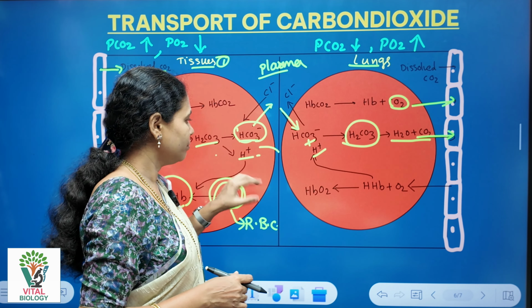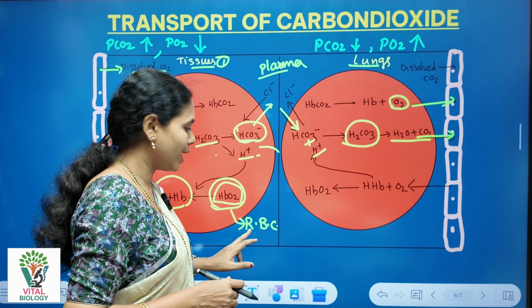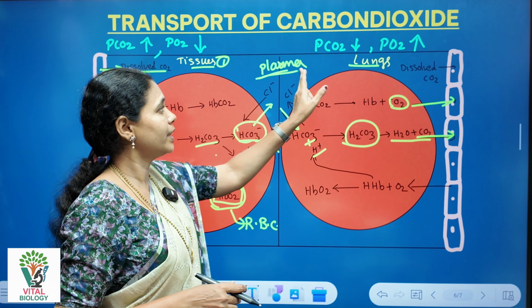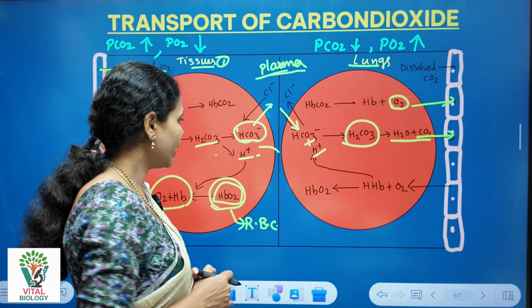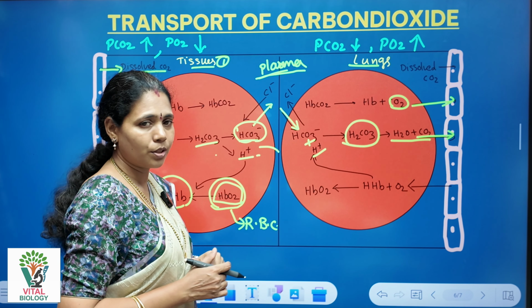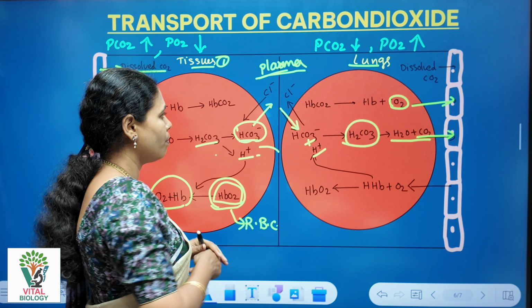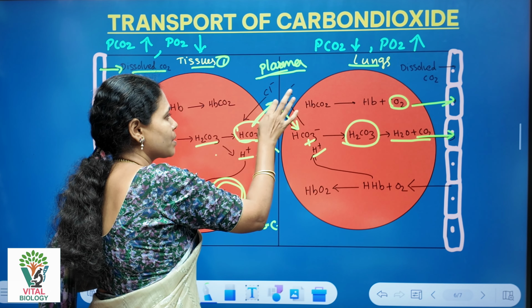In this diagram, the red color represents the RBC and the part outside the red color indicates the plasma. During the transportation of CO2, as we said, the bicarbonate ions which are formed move into the plasma.